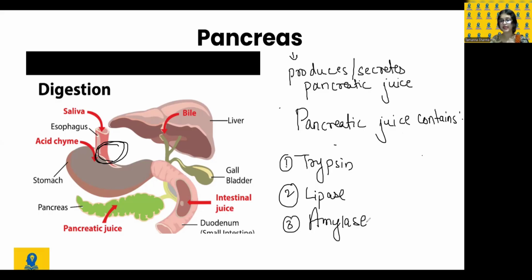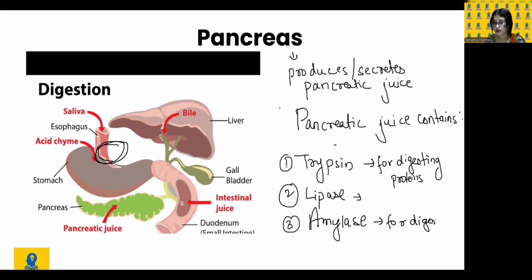Please remember that trypsin is useful for digesting proteins, lipase for breaking down emulsified fats, and amylase for digesting starch or carbohydrate. So I hope this much is clear to you.